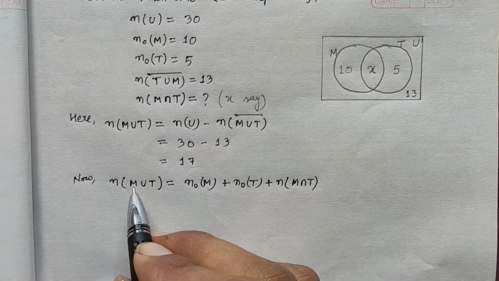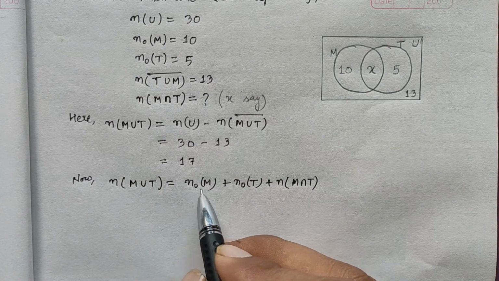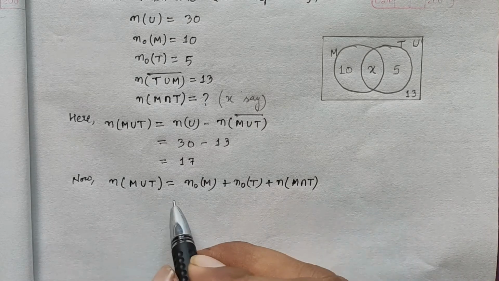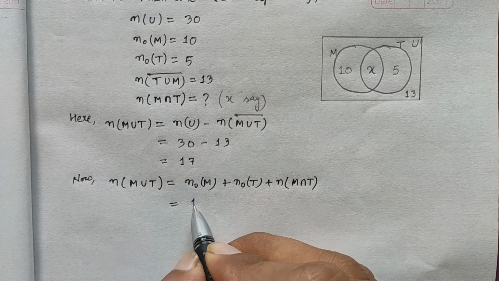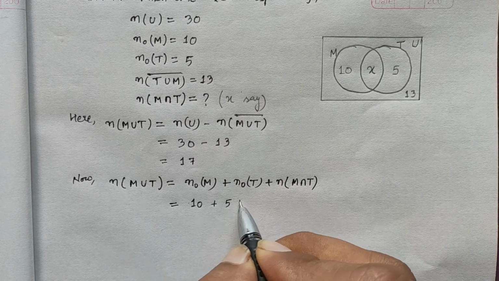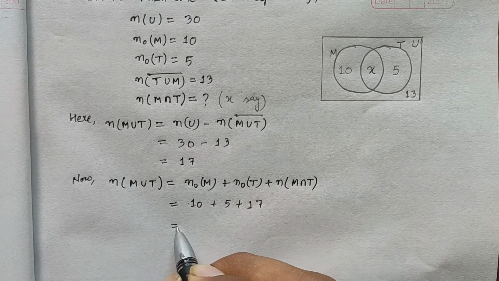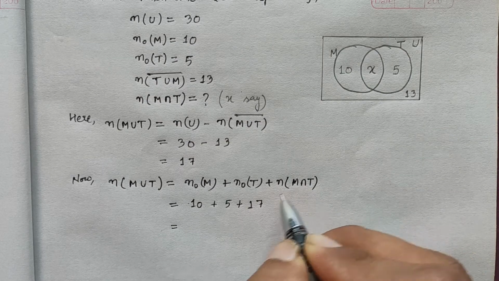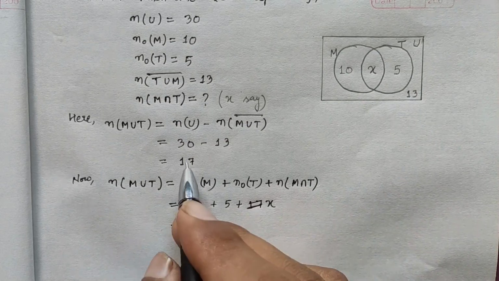This is a formula, so we can use it here. A represents M here, B represents T here. So n(only M) plus n(only T) plus n(M intersection T). Now put in the values. It is 10 plus 5 plus the intersection. Sorry, the intersection is X, not 17. The union is 17.